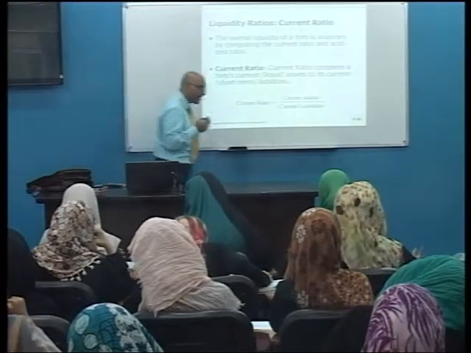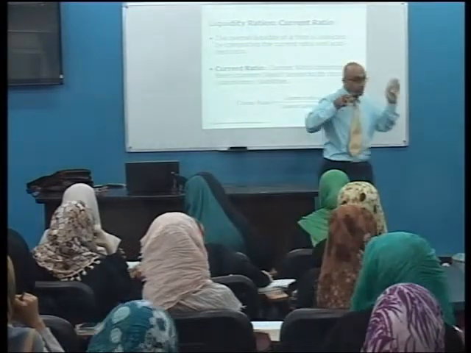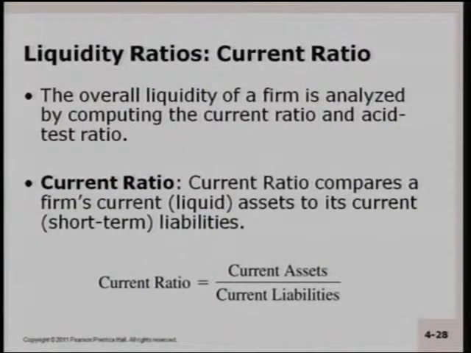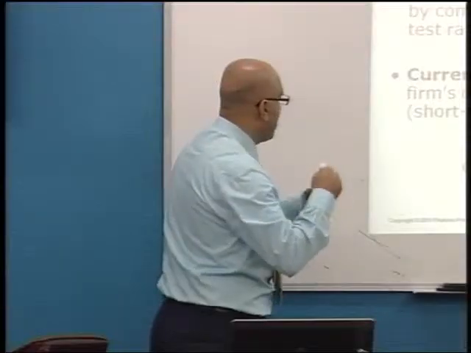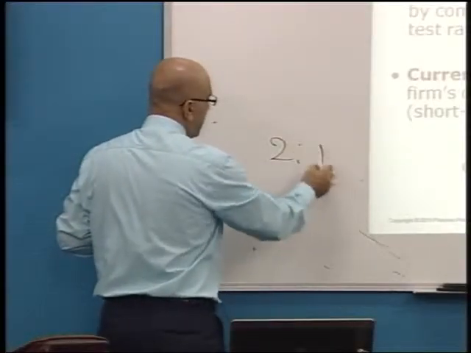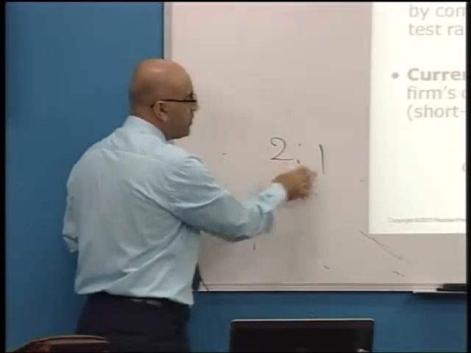Now, how can we calculate liquidity in general? We have two main ratios. The first one is the current ratio analysis, and the second one is the asset ratio analysis. Let's start with the first one: the current assets divided by the current liabilities. The optimum result is 2 to 1.